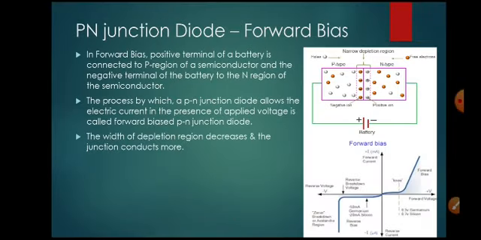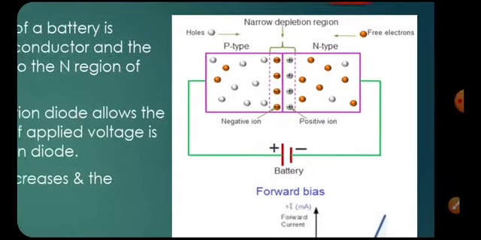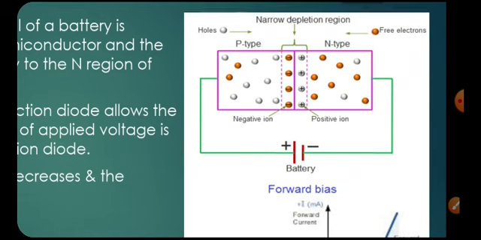Here the battery, suppose a battery positive terminal. See in this figure, the battery positive terminal is connected to the p-type, and the battery negative terminal is connected to the n-type. Then this type of biasing is called forward bias.